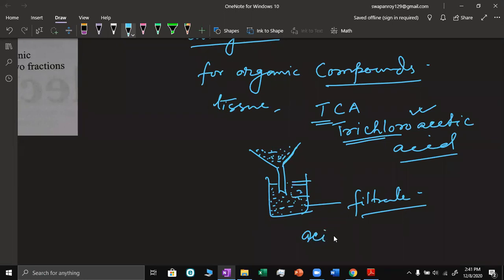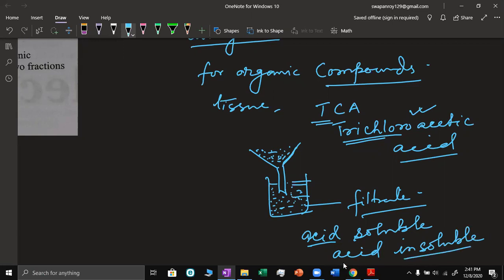So there are two things we get: acid soluble portion and acid insoluble portion. This is for the organic compounds.